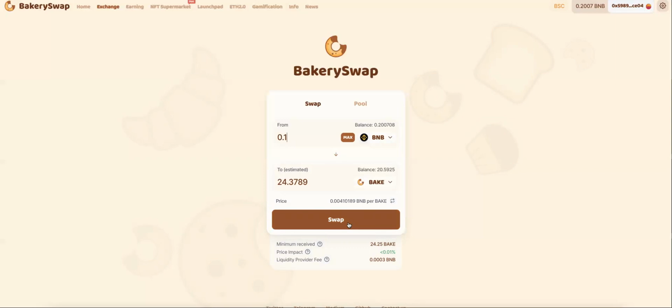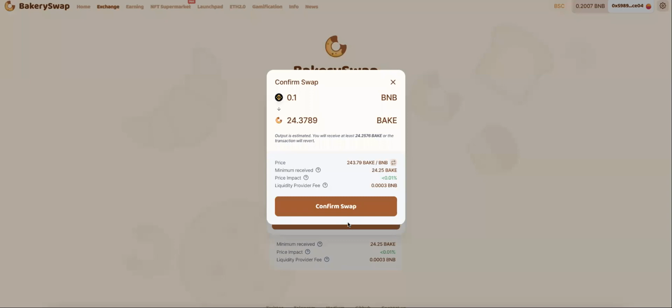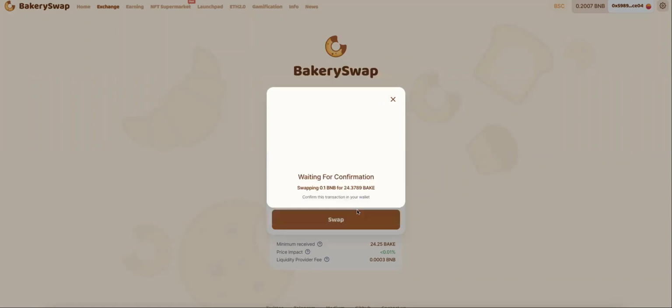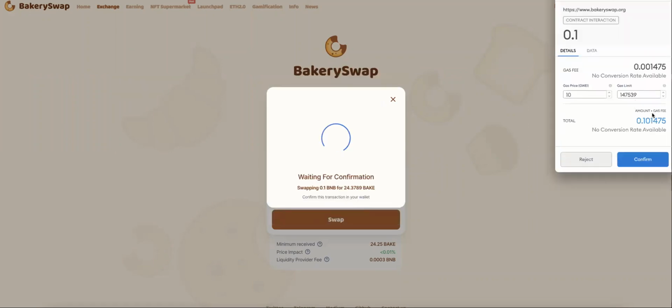Now I don't really want to buy Bake, because I already have a lot of Bake on Binance anyway. Then you confirm swap, and you can look at the fees here, like 0.00001 BNB, compared to the $59 we're paying for Ethereum. Yeah. Okay, so I don't need to buy anything.